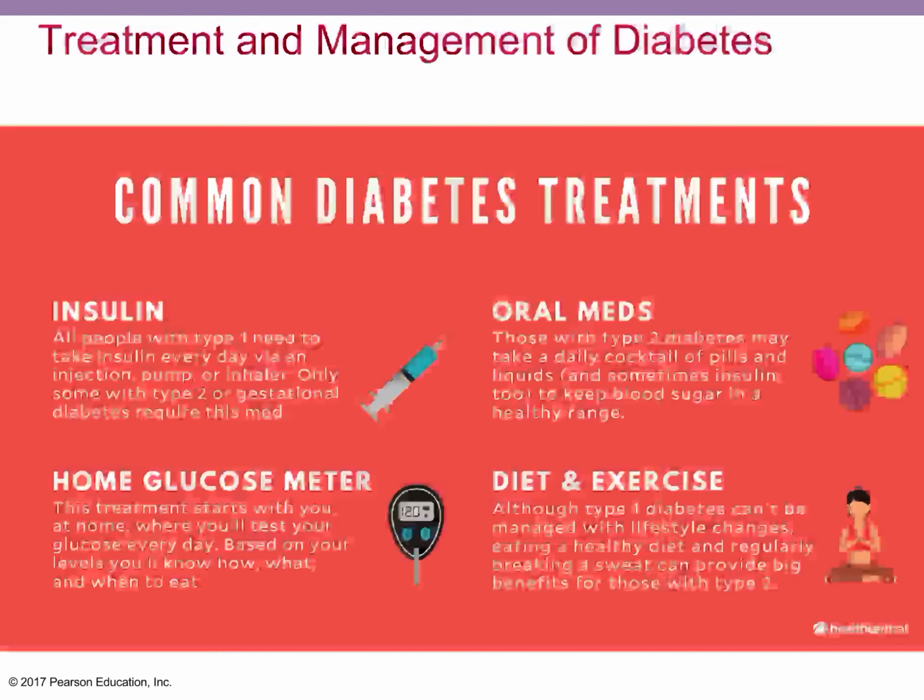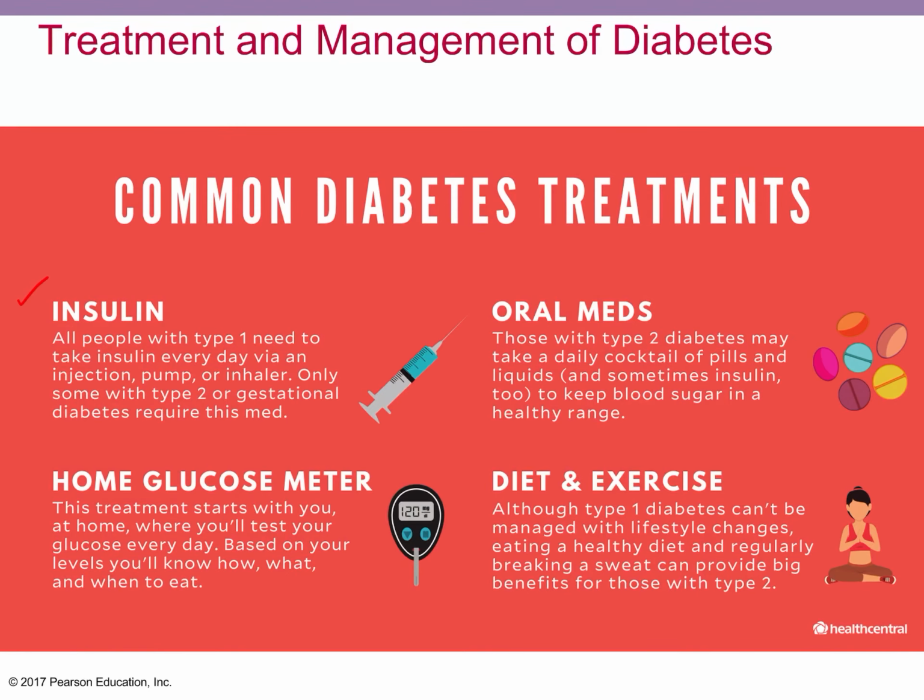Treatments and management of diabetes. At the moment, there's no cure for diabetes. There's medications and there's management. So as you may expect, the primary goal of treatment is to maintain normal blood glucose levels. To do that, they have different approaches, right?